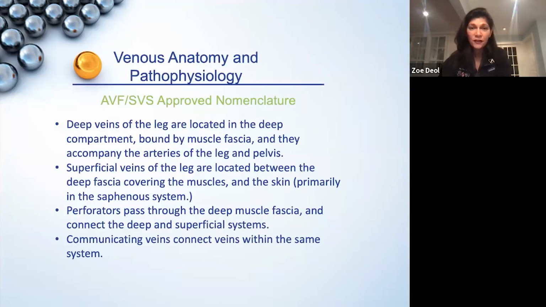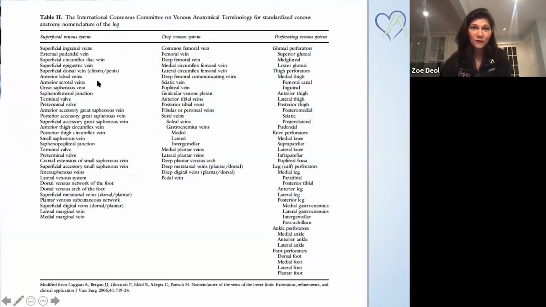It's important to understand the true names of the veins in both the superficial and the deep system, and there is an approved nomenclature that was created by a combination of the AVF and the SVS. I'm not going to go through all of these that you can see on this chart, but take a look through here.